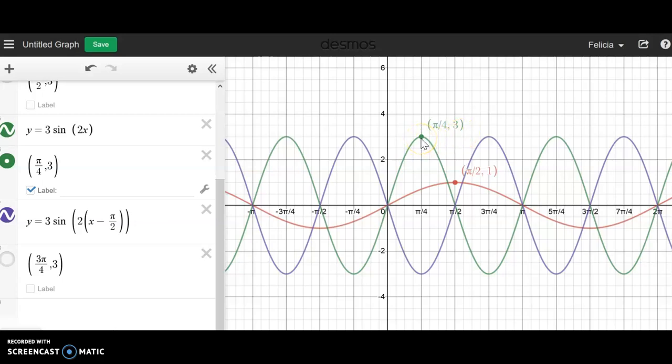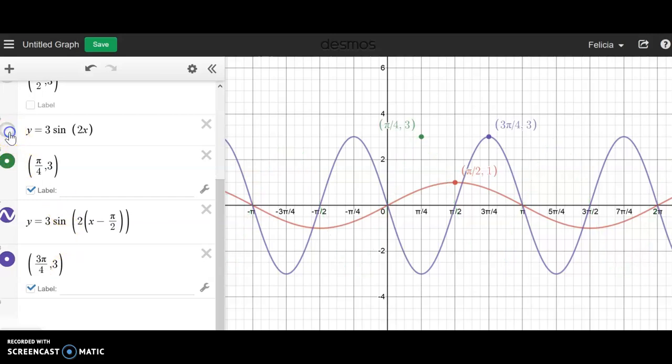If we shift it over to the right pi over 2 units, our new point is going to be at 3 pi over 4 comma 3. So let me go ahead and take our green graph off. And there you can see the purple graph, which is our final function relative to the sine function that we started with.